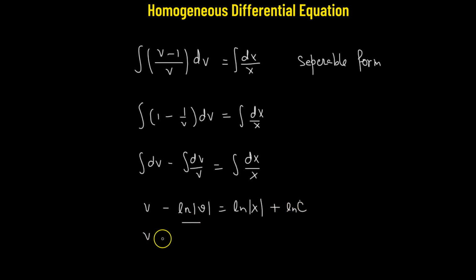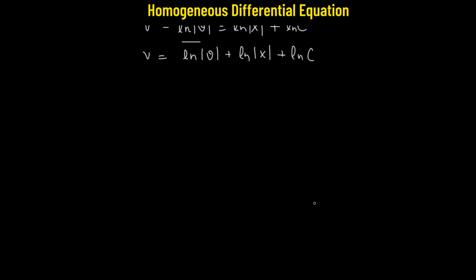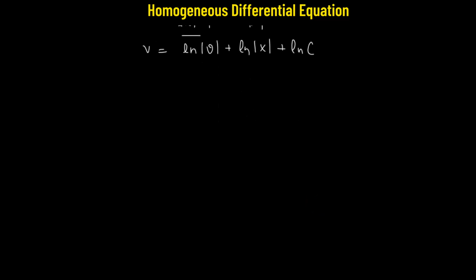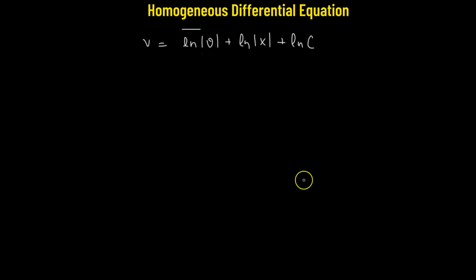We'll take natural log of v to the right hand side, so that we have natural log of v plus natural log of x plus natural log of c. The three logarithms on the right hand side can be combined using the property of logarithms. That will be v equals natural log of (v times x times c).